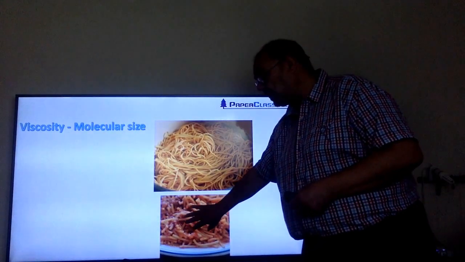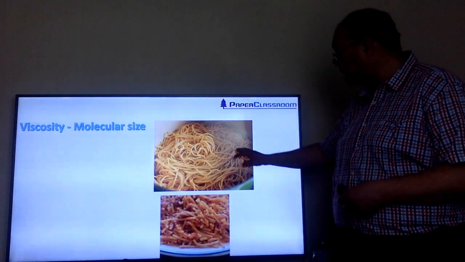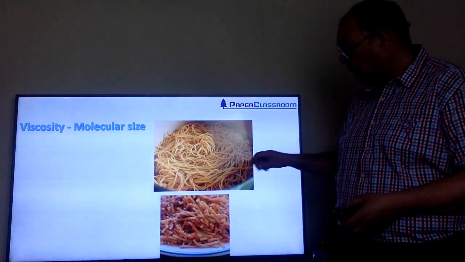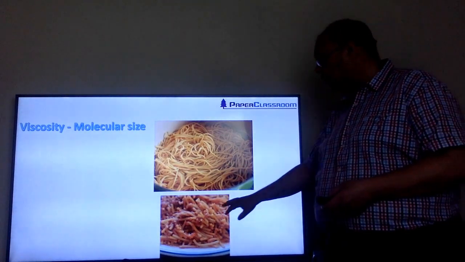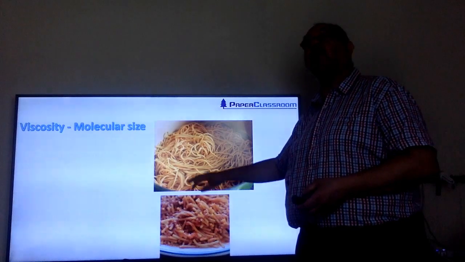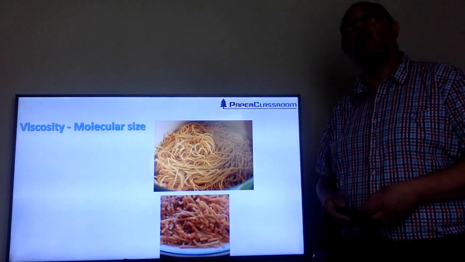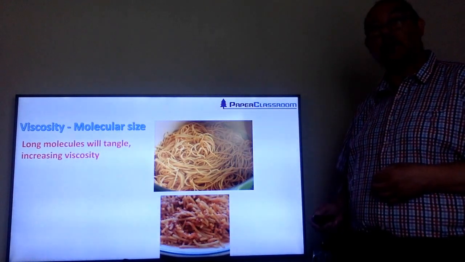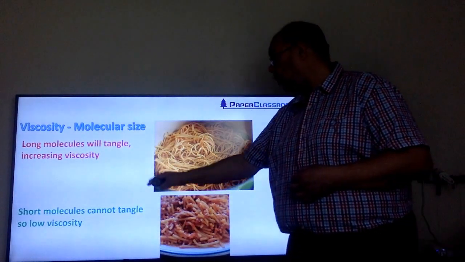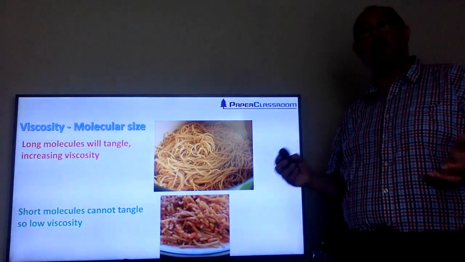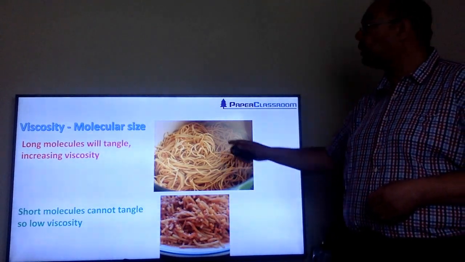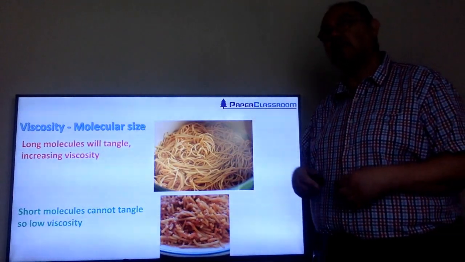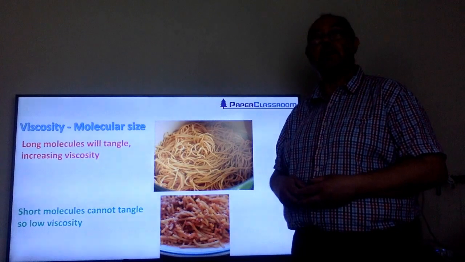If you have exactly the same concentration of spaghetti, but we've cut it all into very, very short particles, then when we stir those, because they're so short, they cannot become entangled, and therefore you would have a much lower viscosity. So long molecules will tangle, increasing viscosity. Short molecules cannot tangle, so you'll get a low viscosity. So the type of material that we use, or the molecular size of the material, will significantly affect the viscosity of the solution.